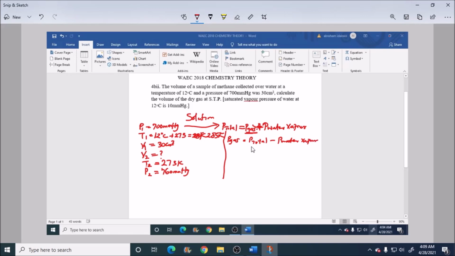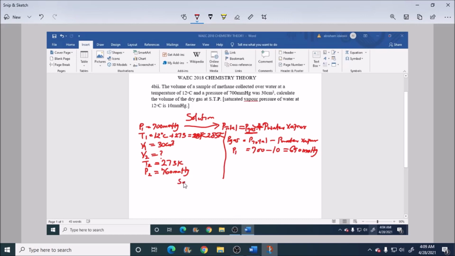Then our P total here is 700, we are given, that is 700 minus the pressure of that saturated vapor, which is 10 millimeter mercury given in the question, that is 10. Then when we subtract, we are going to have 690 millimeter mercury. That is our P1. So this is the real P1 we are having from this question.